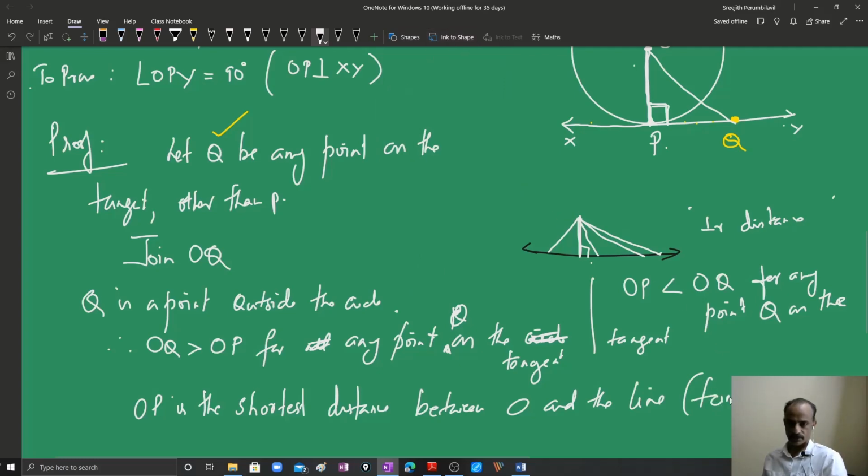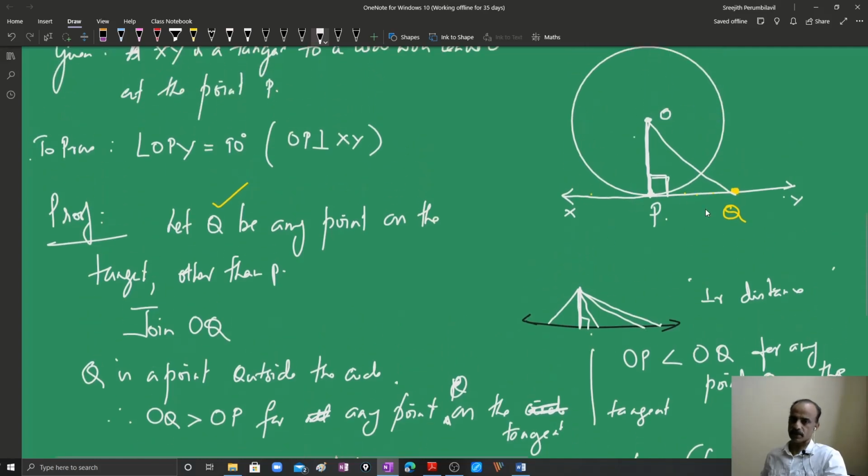Therefore, OP is perpendicular to XY, because it is the shortest distance.